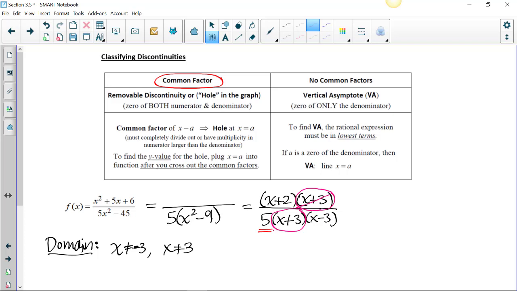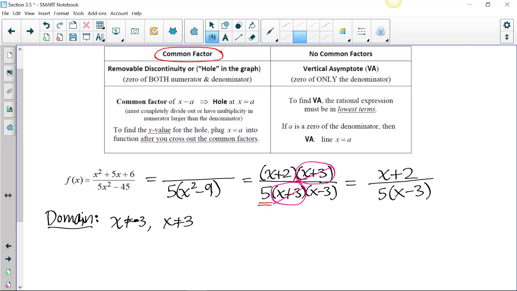That will completely divide out. So that is what we call a removable discontinuity, or a hole in the graph at the 0 of that factor. So here's what I've got remaining. Okay. So that tells me then that at negative 3, we have a hole in the graph.